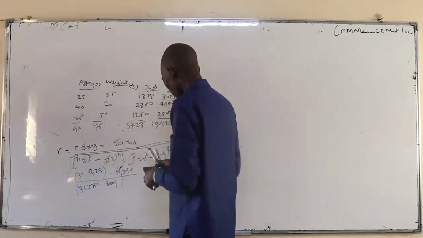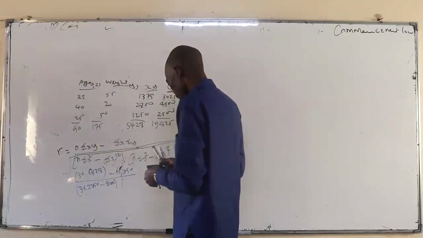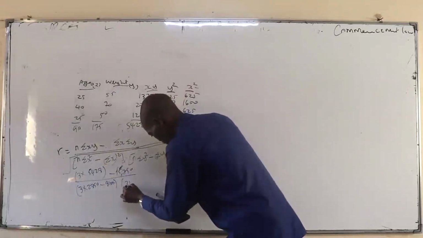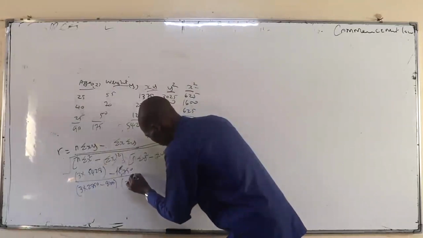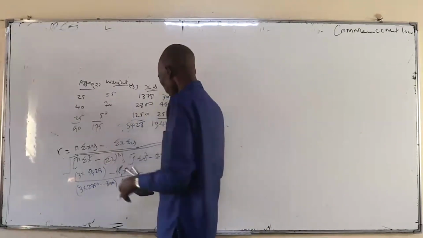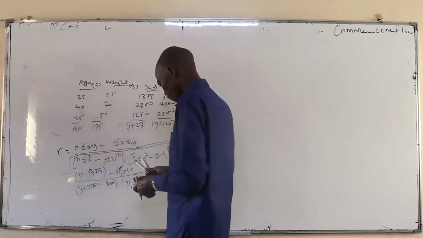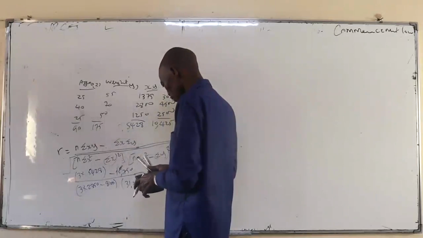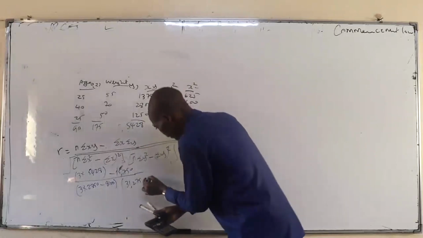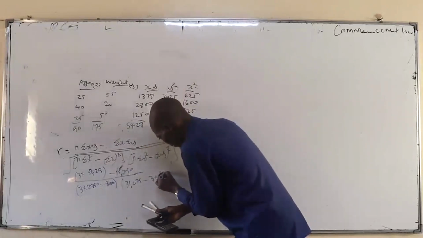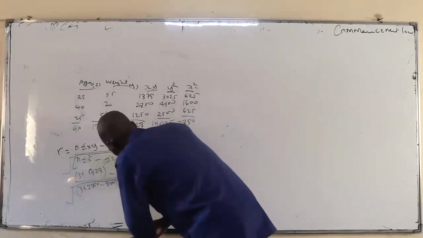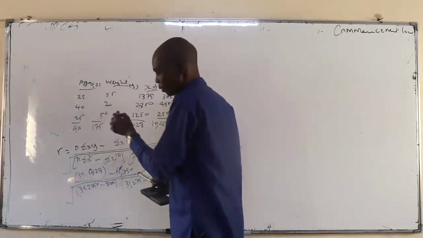So 3 times 10,425 gives you 31,275. Minus summation of y squared, the sum of y is 175. 175 squared you get 30,625. So you work this out, and finally you get the square root of this, which is down here. So we proceed with our working from down there.